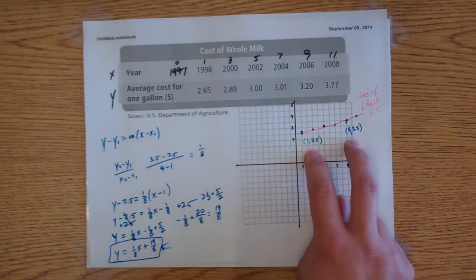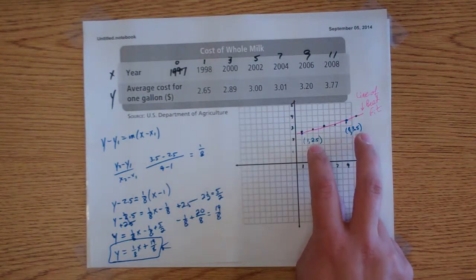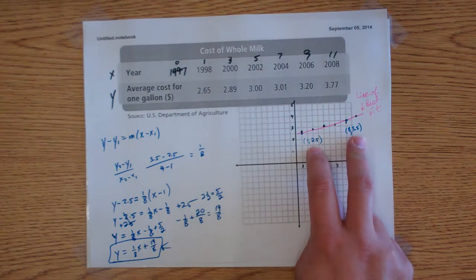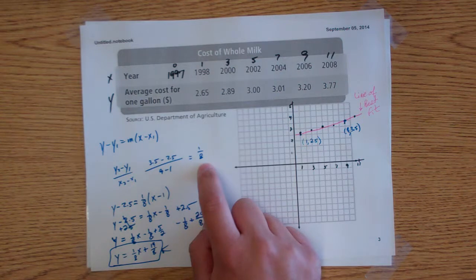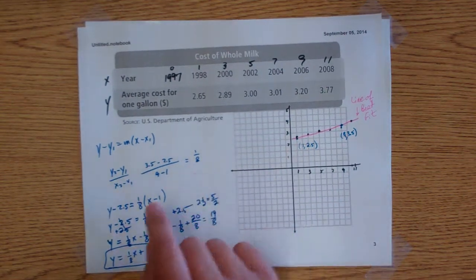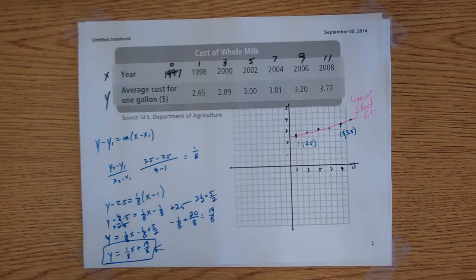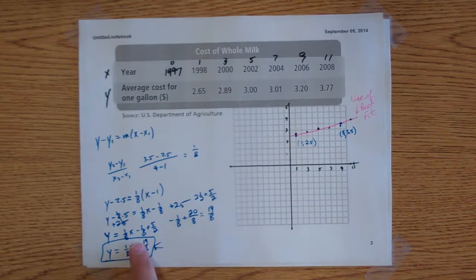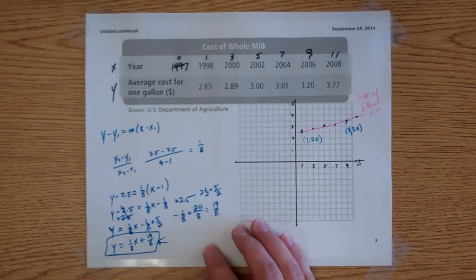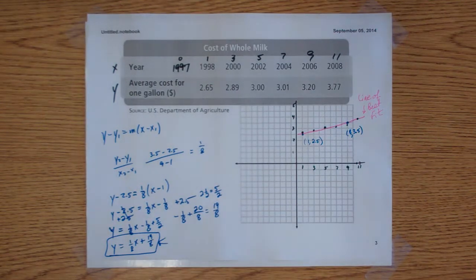You just pick 2 points that your line goes through, or is really super close to. And then you use those 2 points, you find the slope, and then you pick one of the points and plug that and the slope into your point slope form, and you just simply solve it for y. So that is the equation of that pink line, which is the line of best fit.